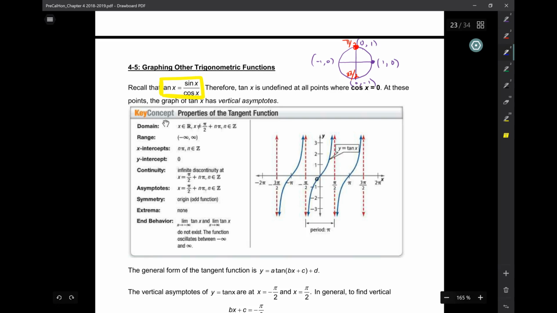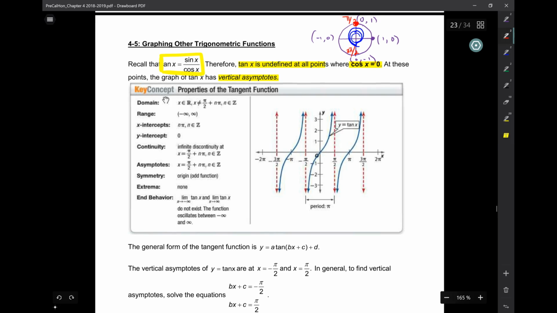Now, if I go to 5 pi over 2, I'm here again, and the tangent is undefined. 7 pi over 2, tangent is undefined, and so on. At every pi over 2, the tangent is undefined. That means, since tangent of x is undefined when cosine is 0, at those points there are vertical asymptotes.